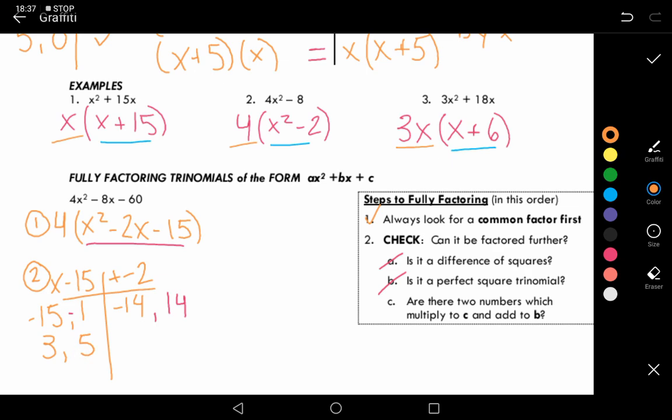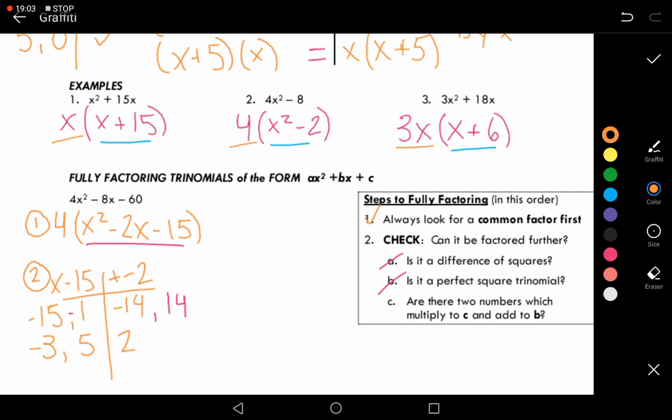I know that a negative sign has to be on one of these two, because one of them has to be negative for me to get negative 15. So I'm just going to guess. If I put that negative on my 3, negative 3 times 5 gives me negative 15, but negative 3 plus 5 gives me positive 2.